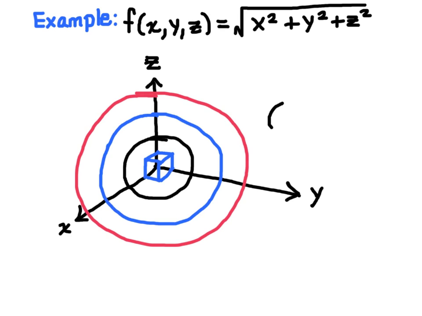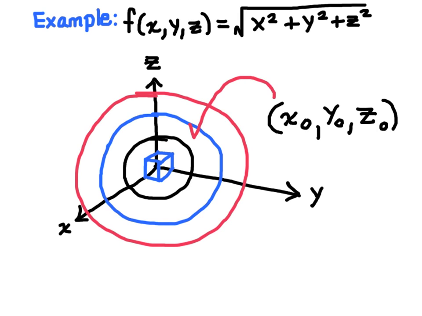The points in the region x sub-zero, y sub-zero, and z sub-zero are points within the three-dimensional region. So when working with functions of several variables, we're able to represent both two-dimensional surfaces and three-dimensional regions.